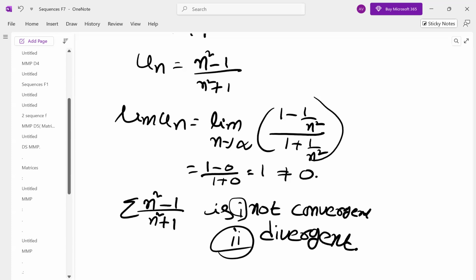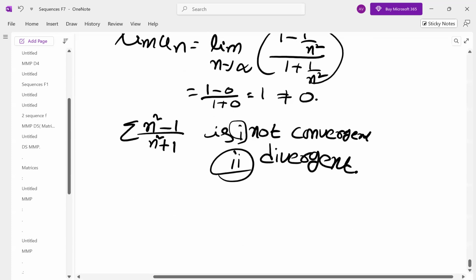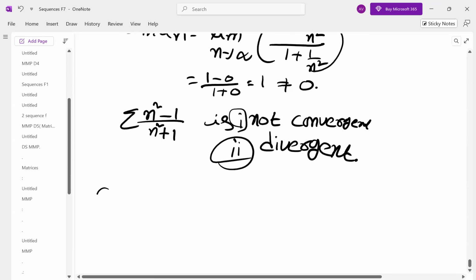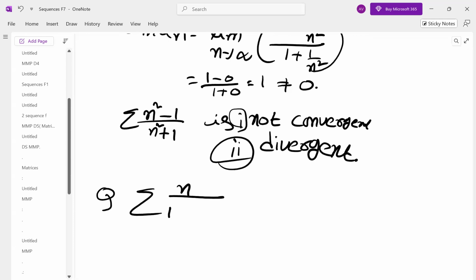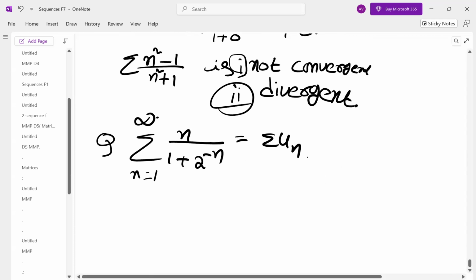Next one. Summation, another interesting question. n by 1 plus 2 power minus n. Typical questions. So, in this case, this is summation un. un is n by 1 plus 2 power minus n.